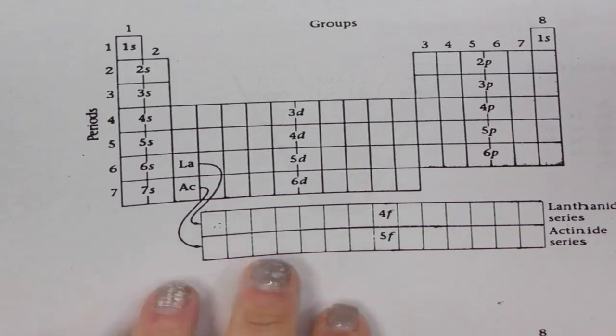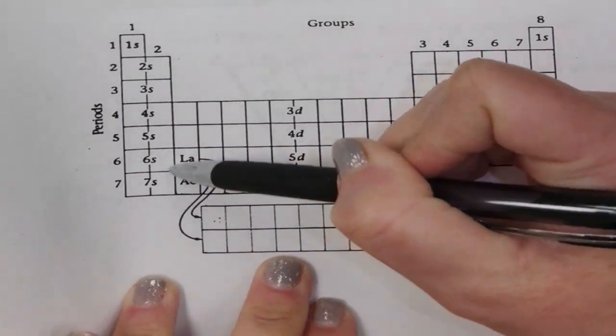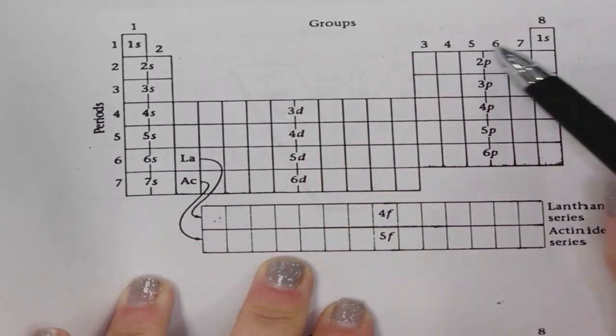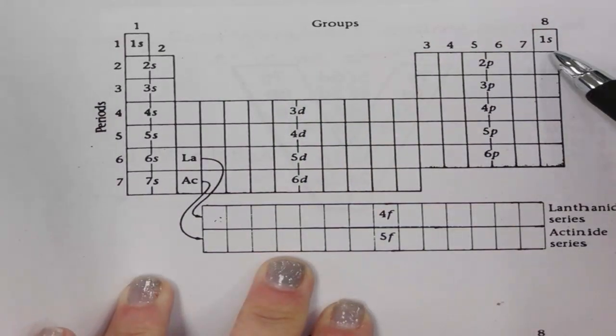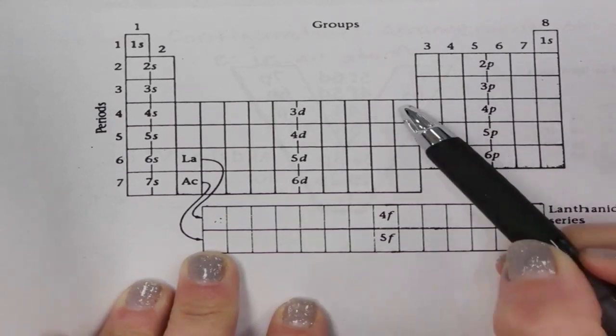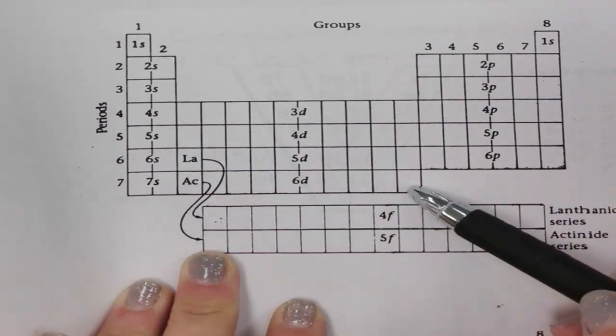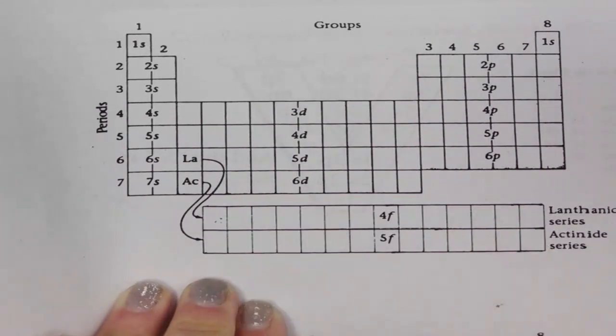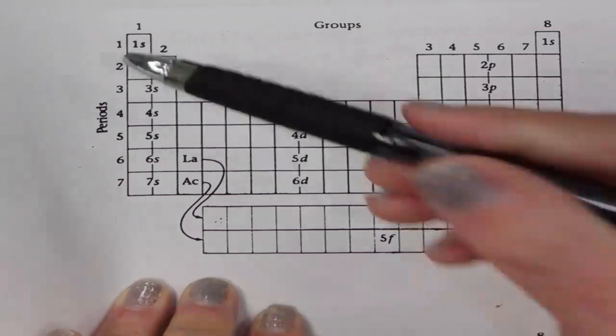What do we notice about this periodic table? This group is the S. This group is the P. This section is the D. And this section is the F. And I said group, let me use the word section so we don't get confused.